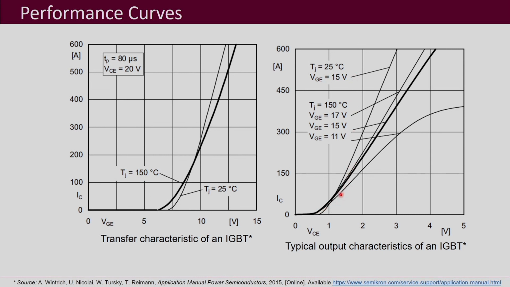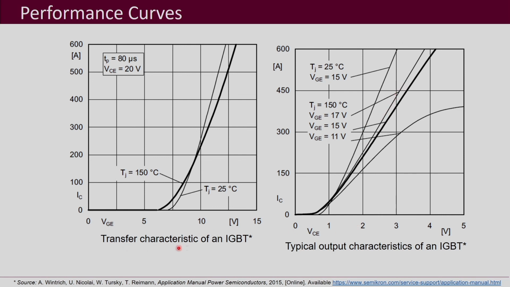Here what you see is that this is for 11 volt and then for 15 and 17 volt it is provided. If we give more than 11 volts, like around 15 volt, that is when it goes over here, which is your saturation region, and that is what we want in power electronic circuits, for it to go into the saturation region.